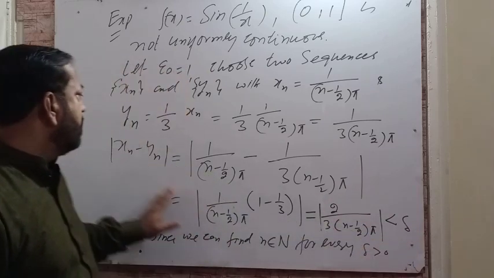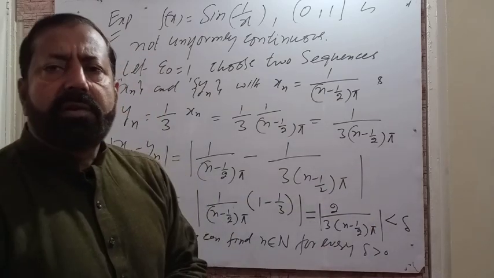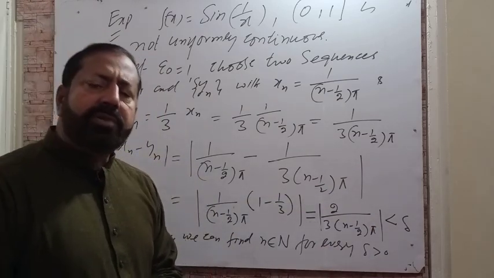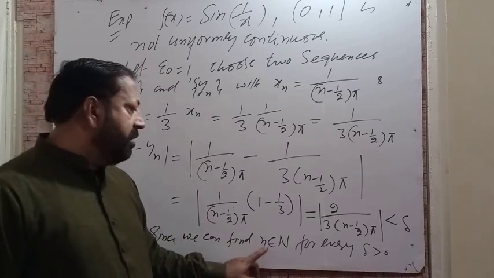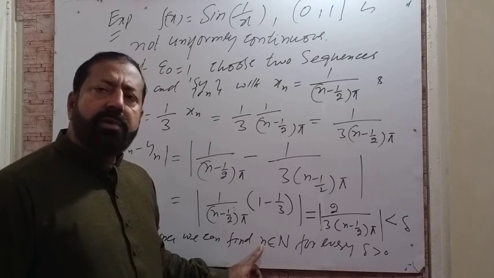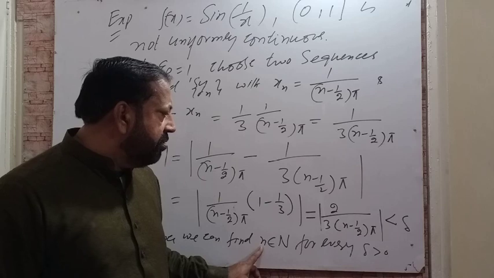So that's why you can say that |xn - yn| is less than delta for every small positive delta value, since we can find a natural number n, of course a large one, large enough to make this number less than delta.